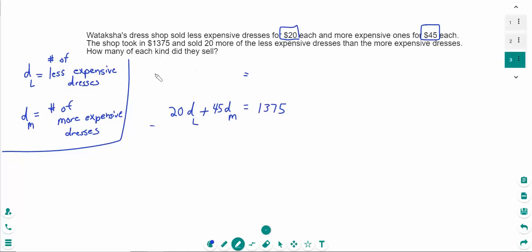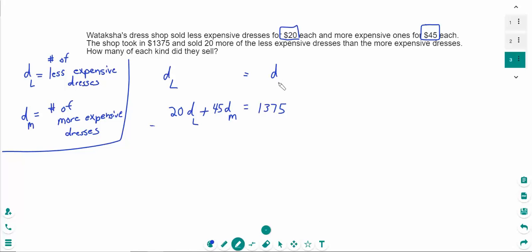So if we have the less expensive dresses being D sub L, that's how many less expensive dresses were sold, and that's 20 more than the expensive dresses. So this number of less expensive is equal to 20 more than the expensive ones.